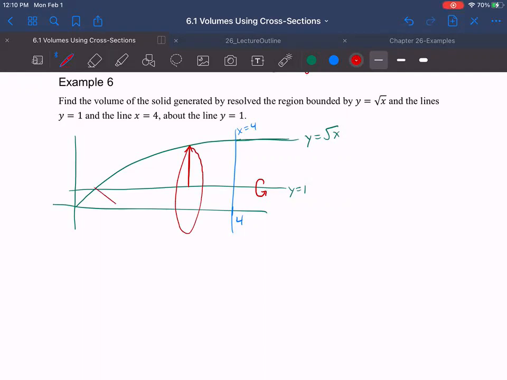We're going to get this kind of shape, and that's the volume we're looking for. So what I need to figure out is what this radius is, in general, for any point I happen to pick along there. Any x value I give you, what will that r value be?